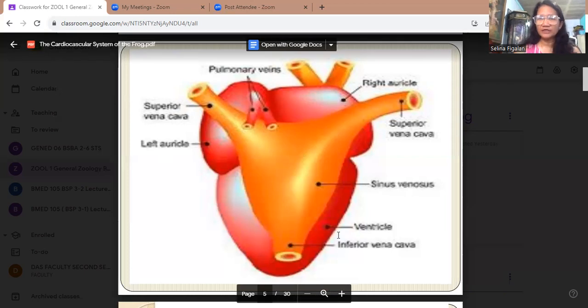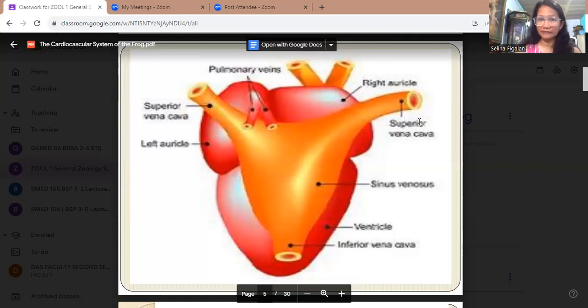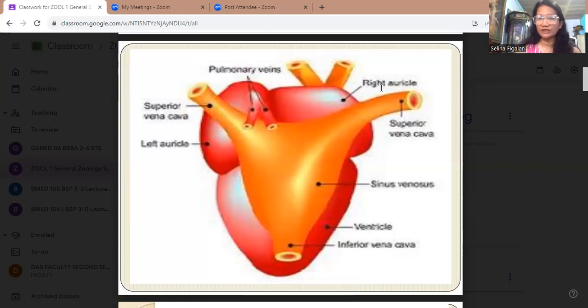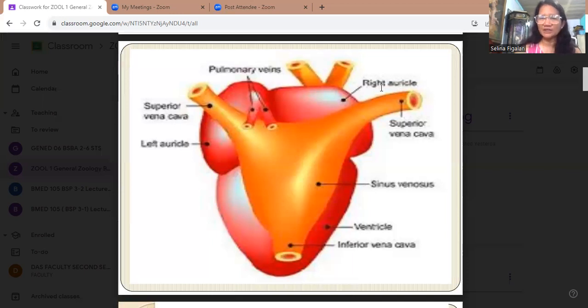Pag kinapos ang blood ng oxygen, okay, papasok muna siya sa inferior vena cava and then the superior vena cava. Okay, it goes into your right atrium. So papasok ang deoxygenated blood to the right atrium. What is the purpose of this? Is to pick up oxygen through the lungs. Okay, so papasok siya sa right atrium, this part, this portion.